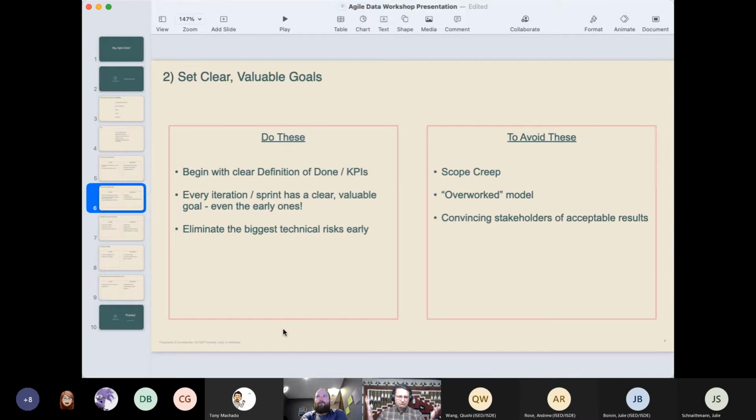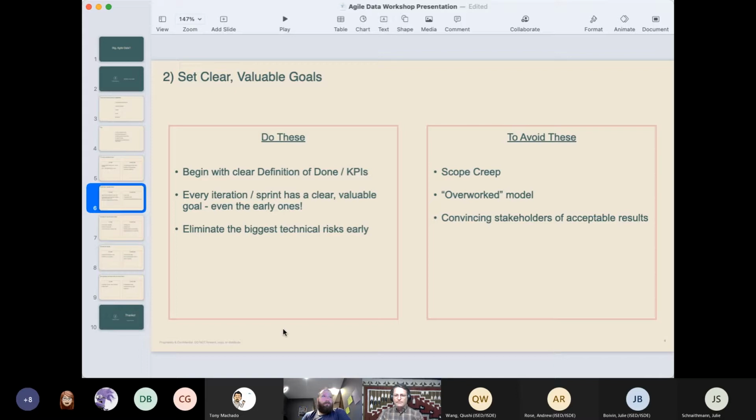So it's all plumbing. There's no model yet, but we've somehow developed something that's valuable. We now can access our data. That's hugely valuable to a company, right? So pick a goal, even in the early sprints. Those prerequisites have value. They should be listed as goals for the early sprints.